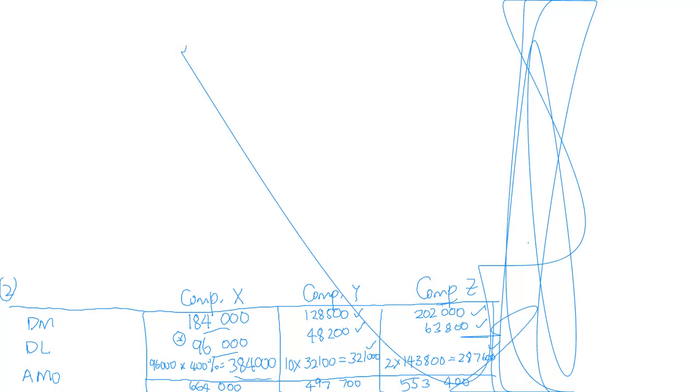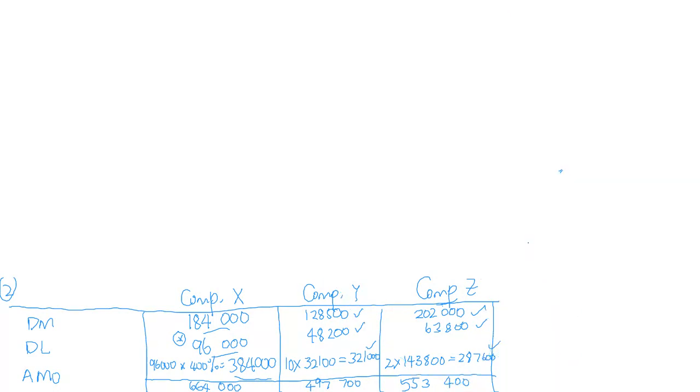Okay, so remember I had given you the example in the previous lecture, and I said if you compare the actual overhead to what we had allocated or applied to overheads.